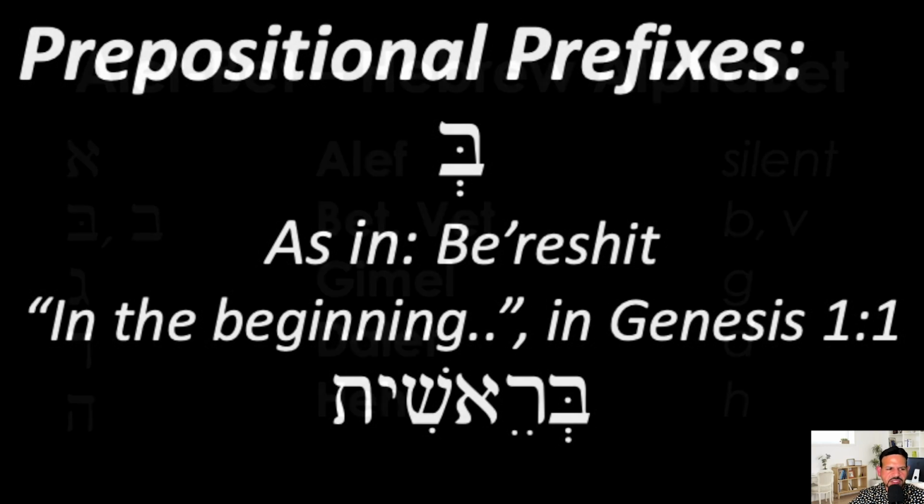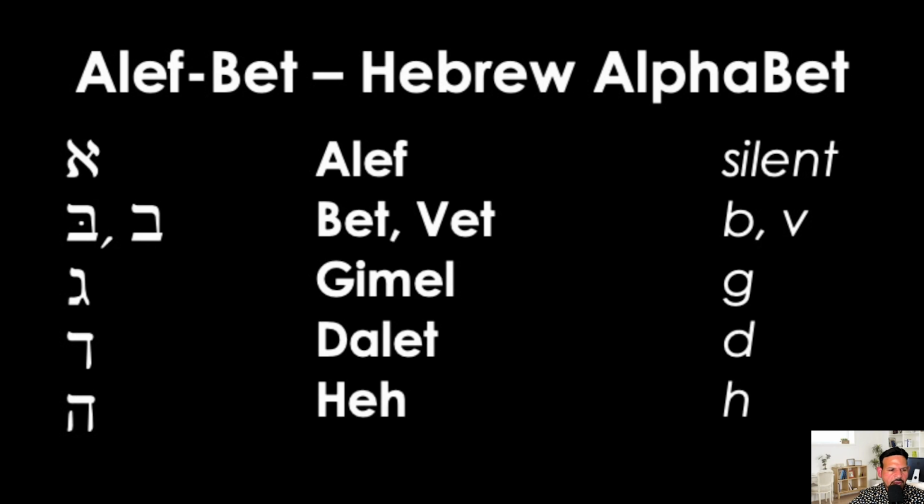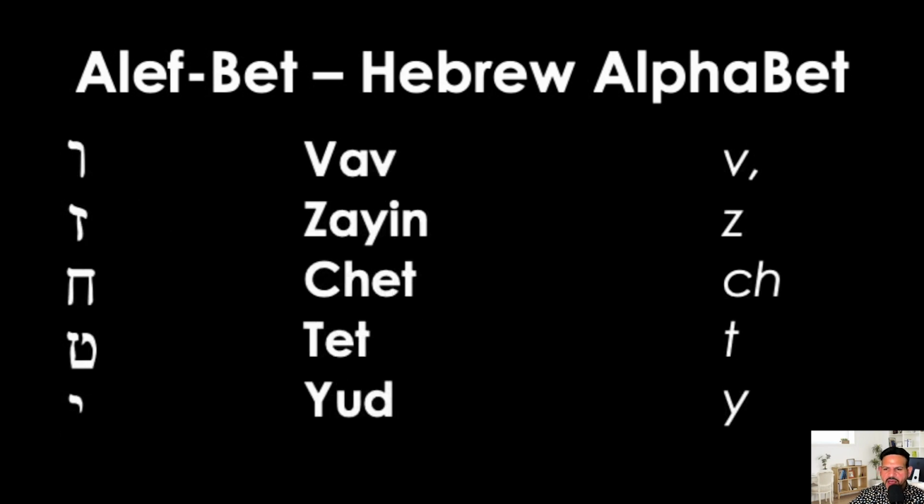We jumped the gun a little bit, but let's go back to our Aleph Beit and do the first 5 letters, okay? 1, 2, 3. Aleph, Beit, Gimel, Dalet, Hey. Vav, Zain, Chet, Tet, Yud.